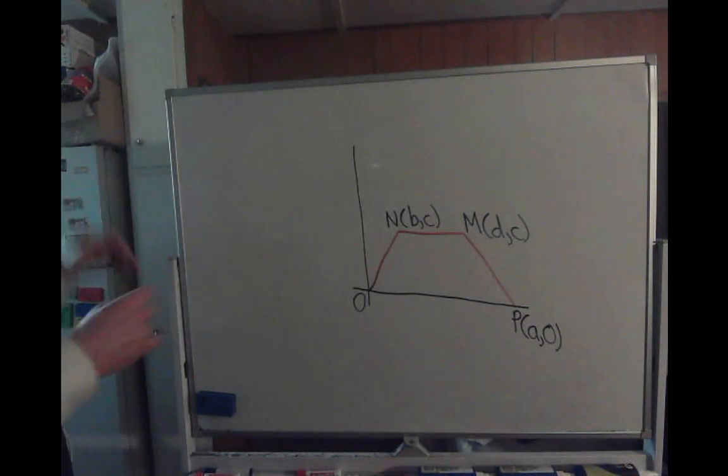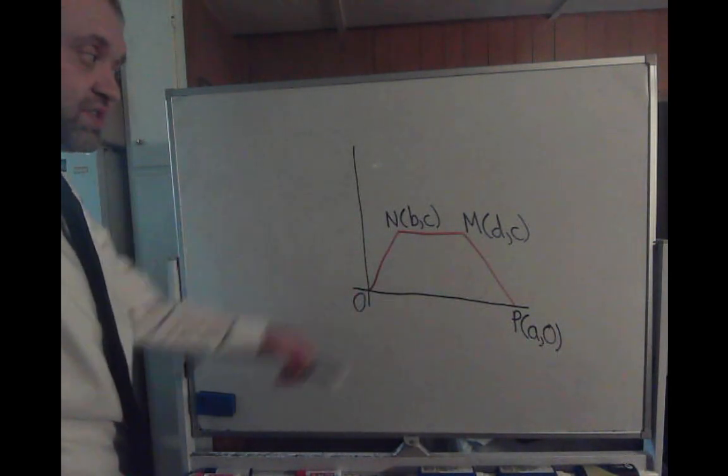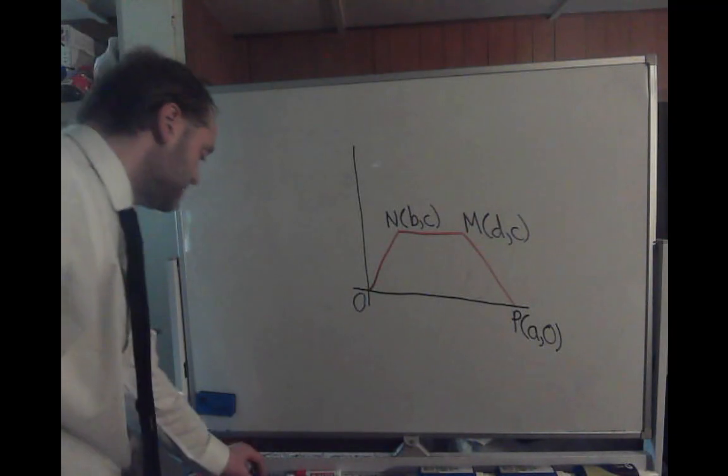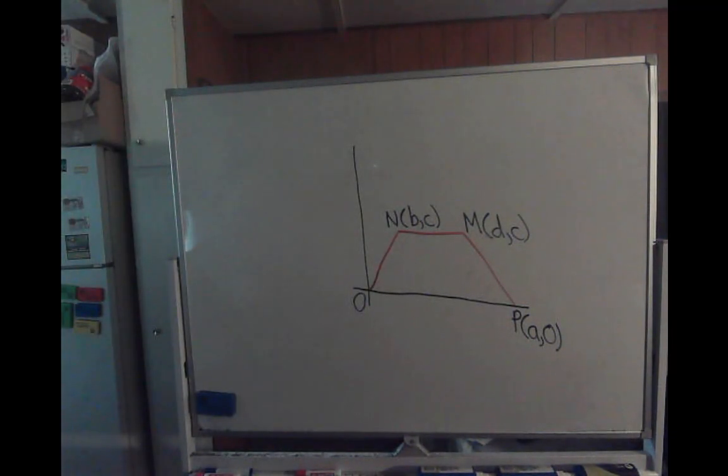Alright, so we have a trapezoid with those vertices there and those coordinates. So what are we aiming to do here?